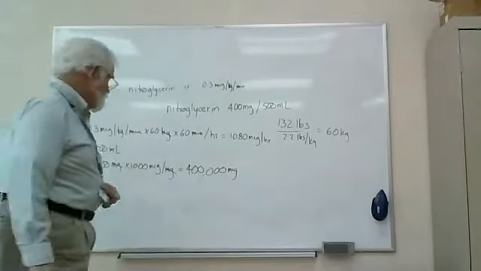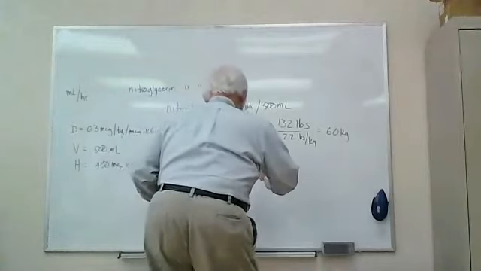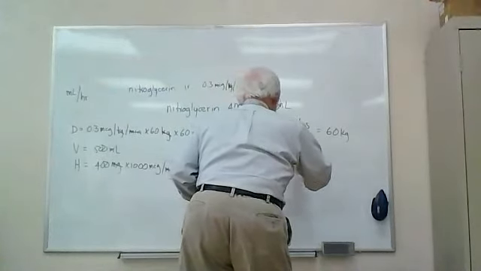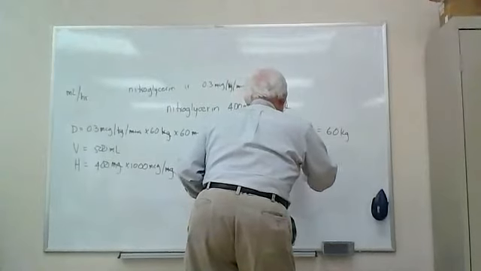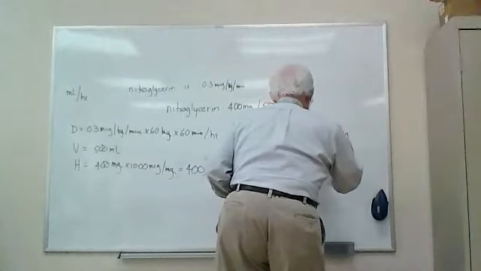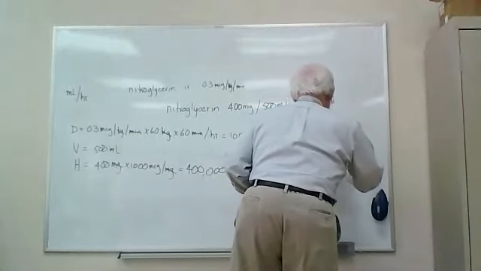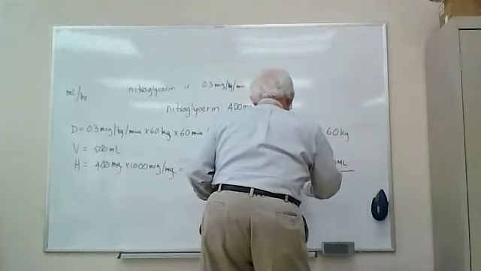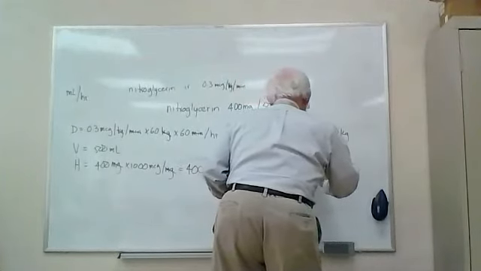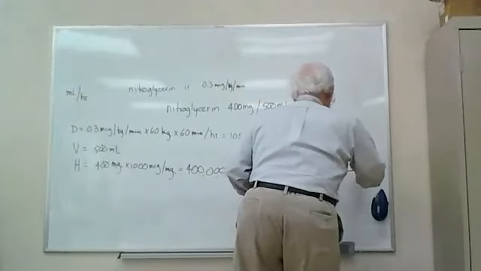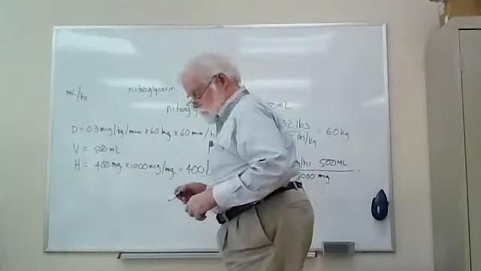So now our formula becomes 1,080 micrograms per hour times 500 milliliters over 400,000 micrograms. Micrograms cancel out. And what's our answer?